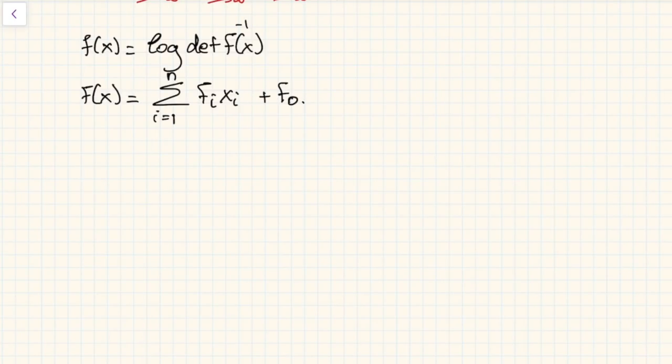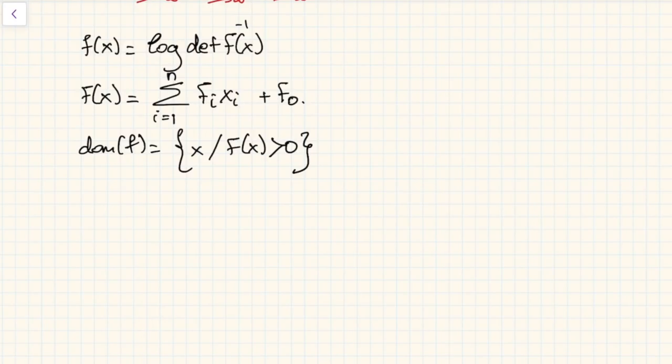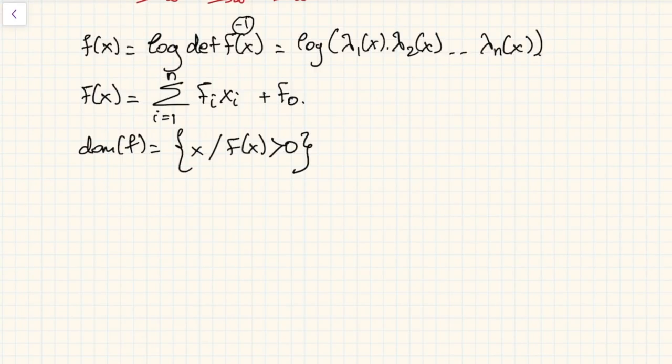So in that case over here, your dom of f is the region where lowercase f of x is defined, which is when F of x is positive definite, because in that case, 1, you can invert, and 2, your eigenvalues are positive, and so you ensure that the log det becomes a sum of logs, it could be written as lambda 1 of x times lambda 2 of x all the way down to lambda n of x, where lambda 1 down to lambda n are the eigenvalues of uppercase F of x.